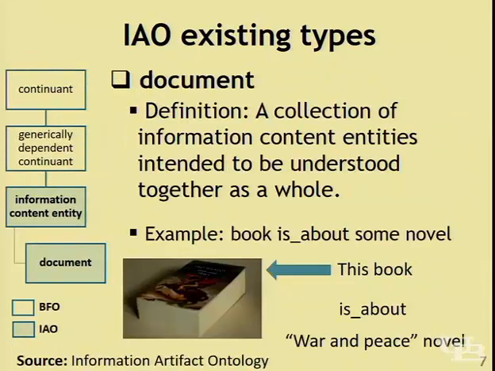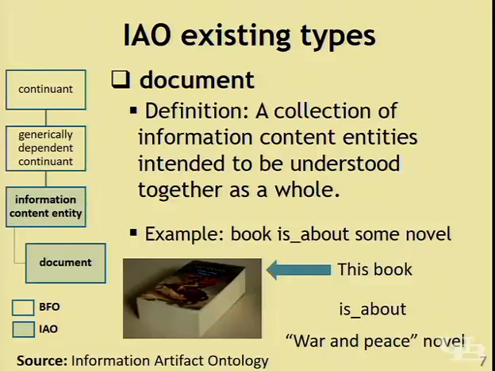And we also have a document as a subtype of information content entity. A document is a collection of information content entities that are intended to be understood together as a whole. For example, using that example from Barry, in the War and Peace novel, this specific book in this picture is about the War and Peace novel.